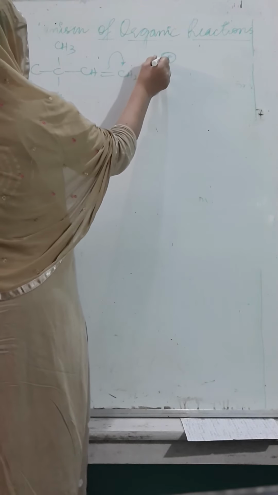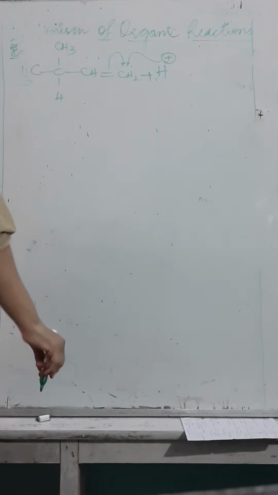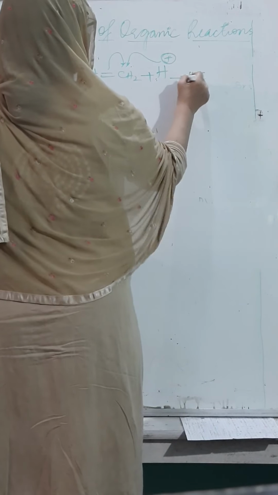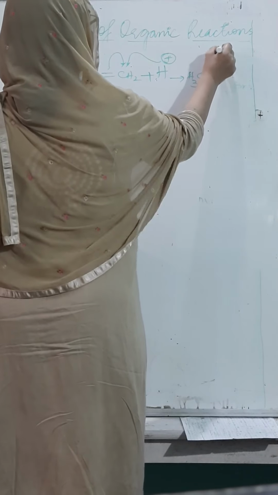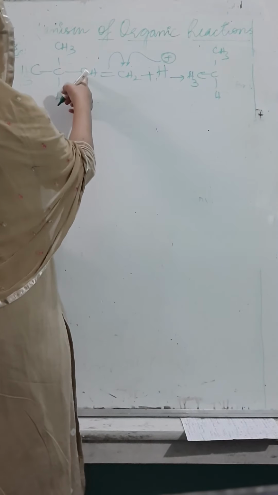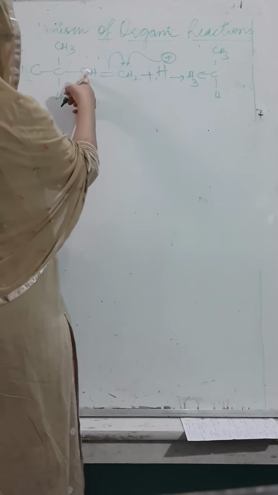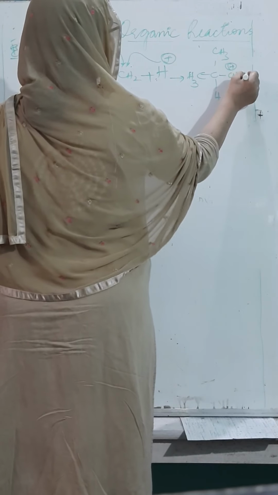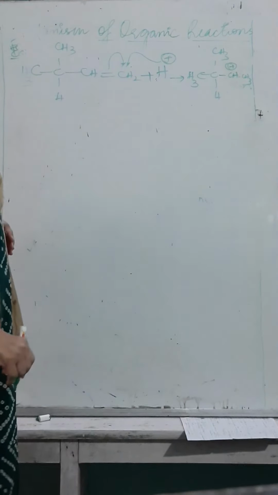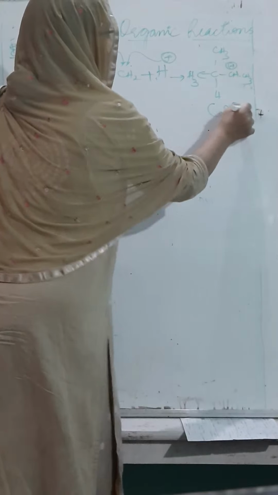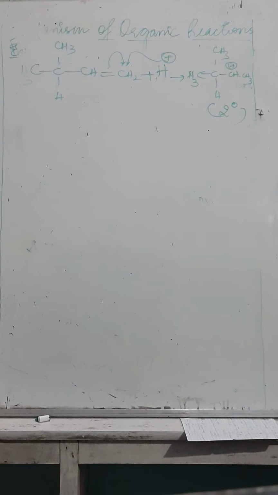The pi electron moves to the first carbon atom, and the electrophile attacks there. We get CH3, CCH3, this H stays as it is, and this carbon gets a positive charge, CH3. The nature of this carbocation is secondary.